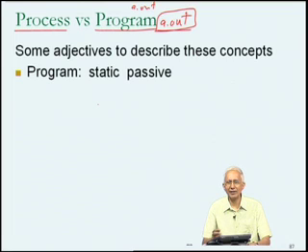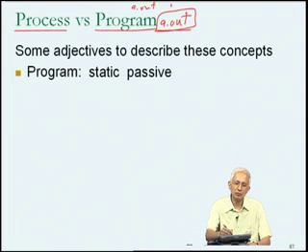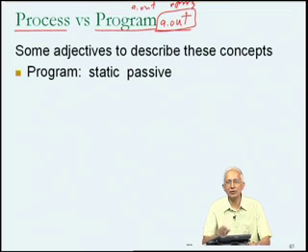But until I run it and change it into something other than a program, it is passive. It doesn't do anything. I can do things to it. I can change its name to, let's say, prog. But it does not do anything on my behalf, and therefore I call it passive. Static means that it's unchanging, passive means that it does not initiate anything. Things can be done to it, but it does not do things on its own.